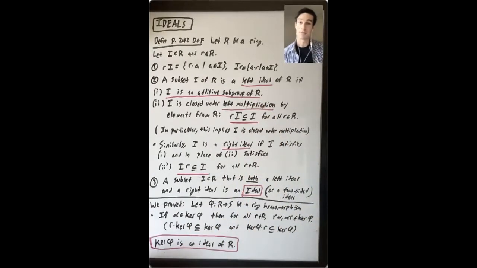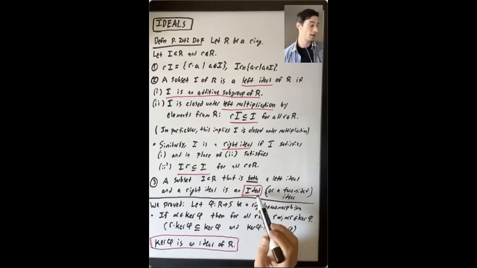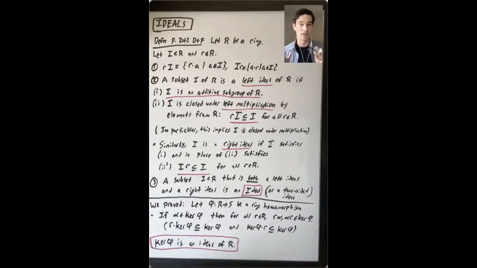By far the most important case in this course is going to be subsets I of R that are both left ideals and right ideals. Those are just called ideals. Or if we really want to emphasize that they're both left and right together, sometimes you'll see these referred to as two-sided ideals, but for the most part, I'll just say ideal.